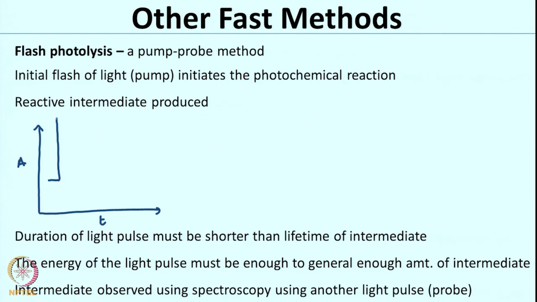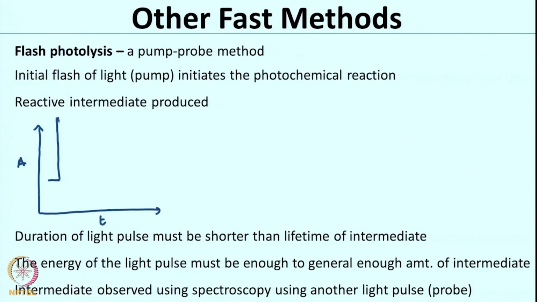Now that the pump is gone, so this initial flash of light is your pump which initiates the photochemical reaction. Now once the reactive intermediate is produced, it will slowly decay to give you your product.